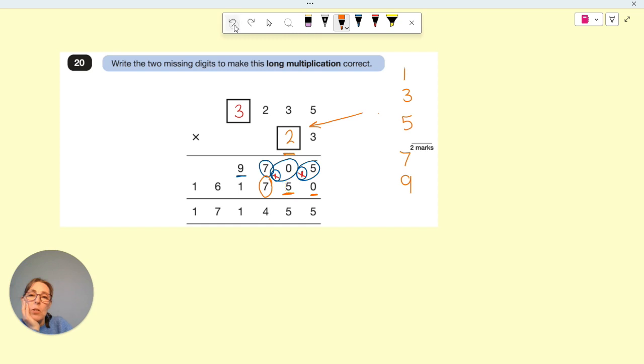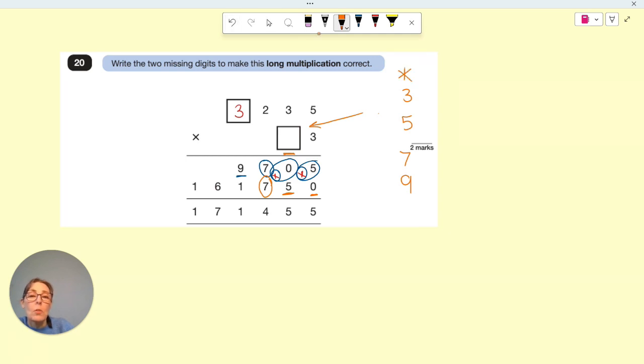So that can't be a 2. And we've already said it can't be a 2, haven't we? So 1 times 5 is 5. 1 times 3 is 3. That doesn't work. So I don't think it's a 1. So we're not doing 1.